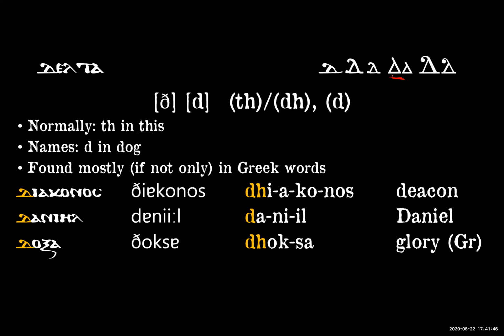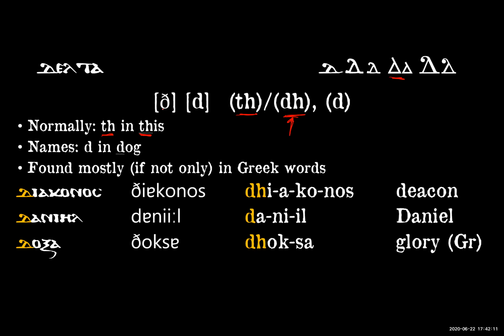In Greek, it evolved to make the sound in the word this. And you could spell that with either a TH or a DH. It's up to you. You'll see why I differentiate with a DH in a second. So, normally it makes a the sound like this.